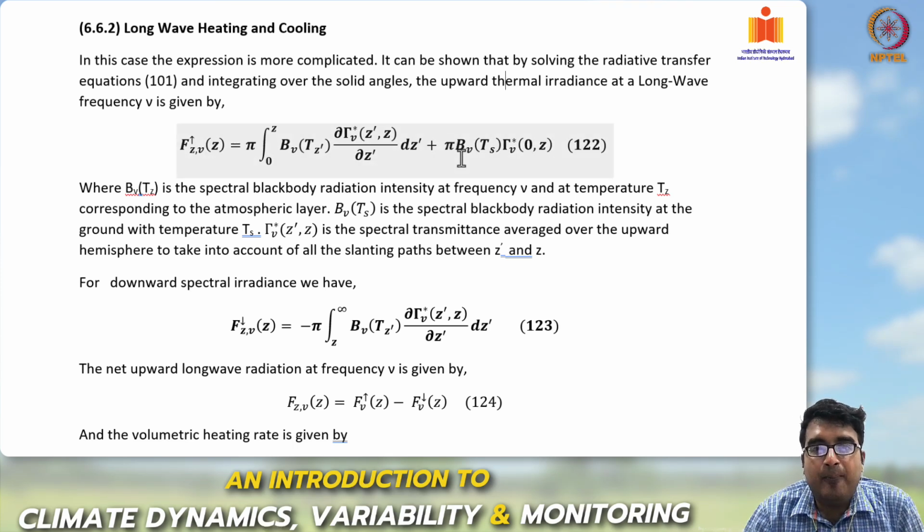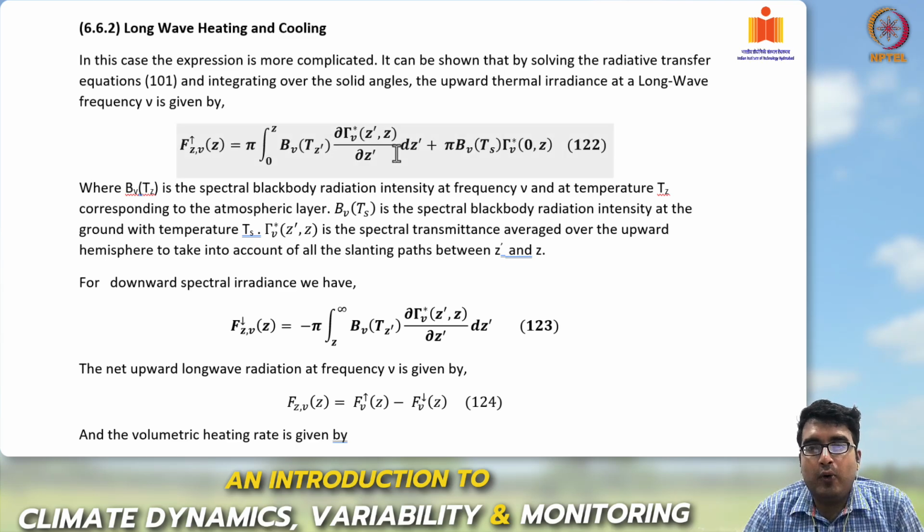The second component is basically giving us the black body emission value from the ground and what is called the spectral transmittance averaged over the upward hemisphere.